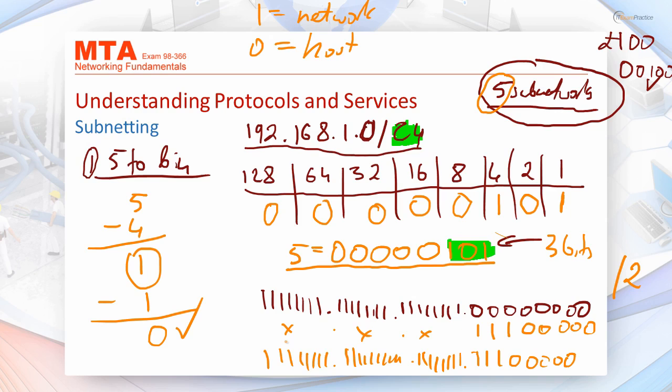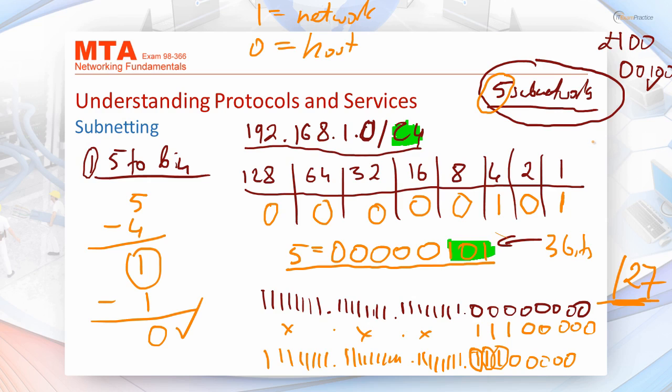You have to count all ones. So it's 24, 25, 26, 27. Okay, our new subnet mask is /27. That is our new subnet mask.